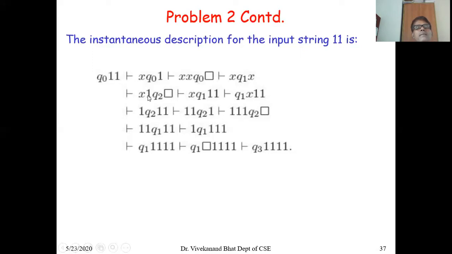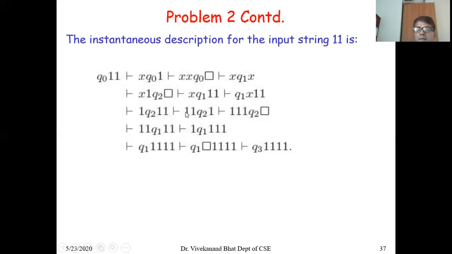In Q1, it replaces x by 1 and moves right, and replaces blank by 1 and moves left. Then it replaces 1 by 1 and moves left, and replaces x by 1 and moves right.